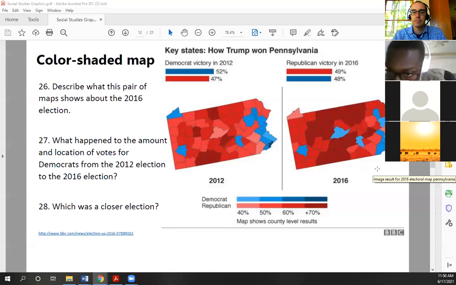Now, 40% is Bucks County and other counties. 60% is Montgomery, Delaware, and Chester again, and Lehigh. Now Republicans. Trump got the most in other counties, and that's light red, Northampton County and other counties. I'm just looking.